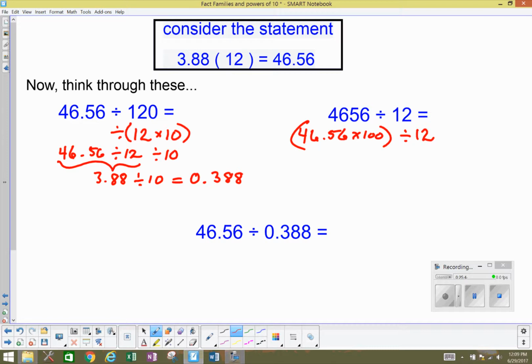But I do know that with multiplication, I can shift the order. So I'm going to take 100 to the front. I'm going to do the 46.56 divided by 12. 46.56 divided by 12, I know is 3.88, but I'm still multiplying by 100. That means my final answer is 388.